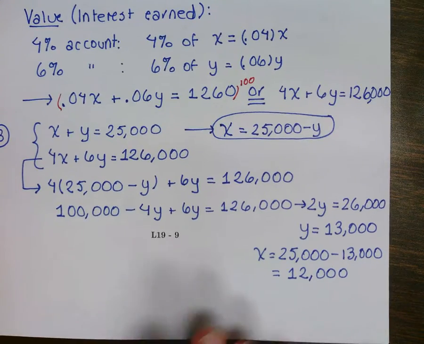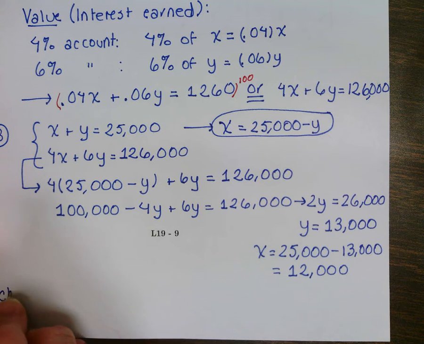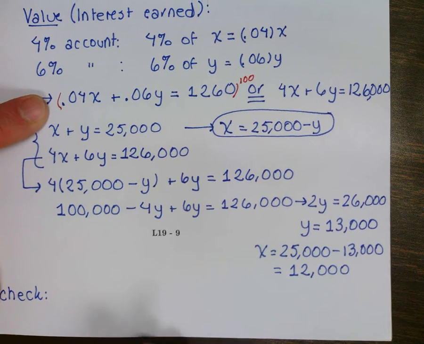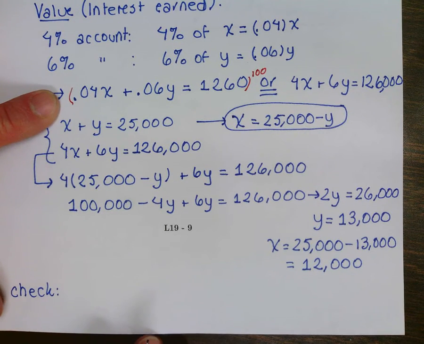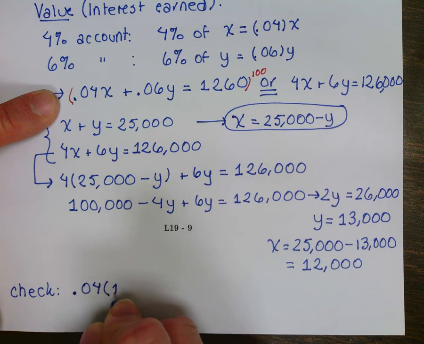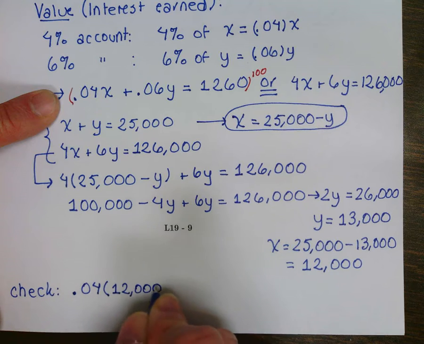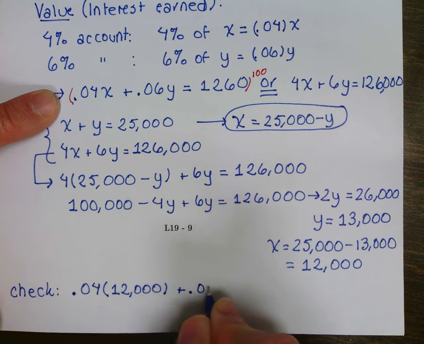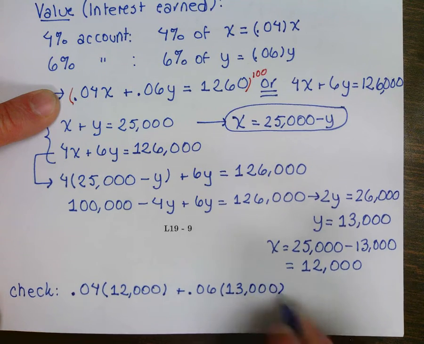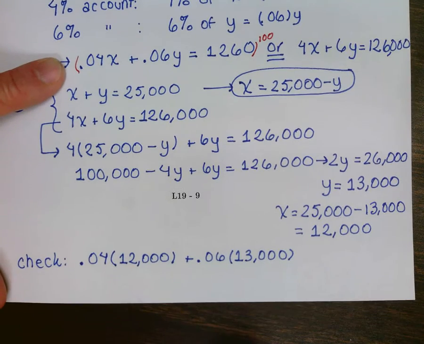Now let's check it. And we can check in our original equation just to make sure we didn't make a mistake in multiplying. Okay, so let's see if that works. 0.04 times 12,000 plus 0.06 times 13,000. Okay, that would be the interest earned if those are our values for x and y.